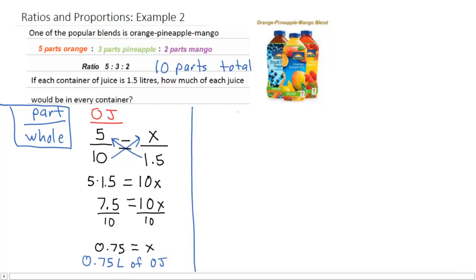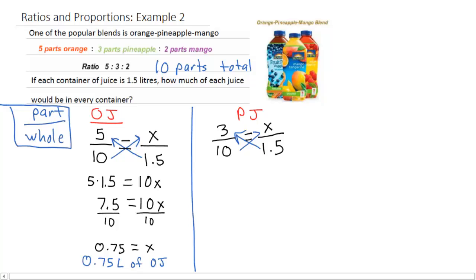Now, let's take a look at the pineapple juice. Following the same process as we did with the orange juice, we can see that there are 3 parts of pineapple juice out of the 10 total parts. Once again, parts on top, and the total on the bottom, 1.5 liters being the total container.